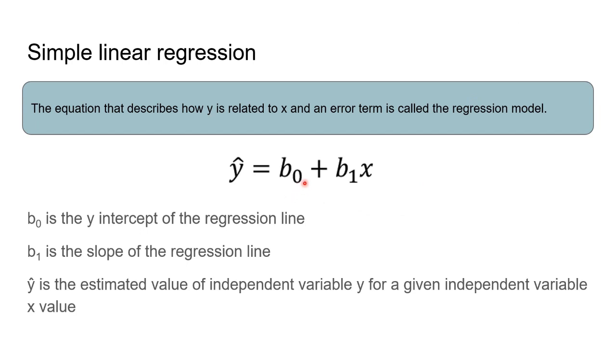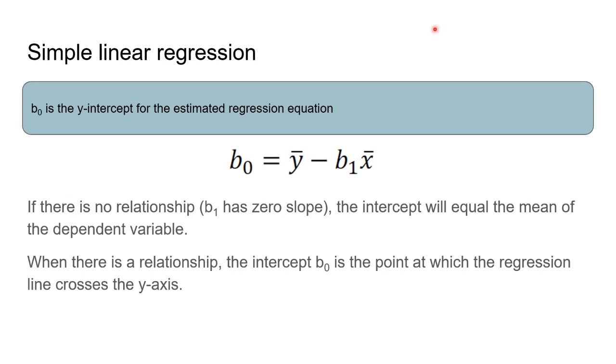We have b0, which is the y-intercept of the line, and we have b1, which is the slope of the line. Then we have x, which is the independent predictor variable. By plugging in the numbers, once the line is established, we will be able to predict for y. So let's look at each of those components in detail.